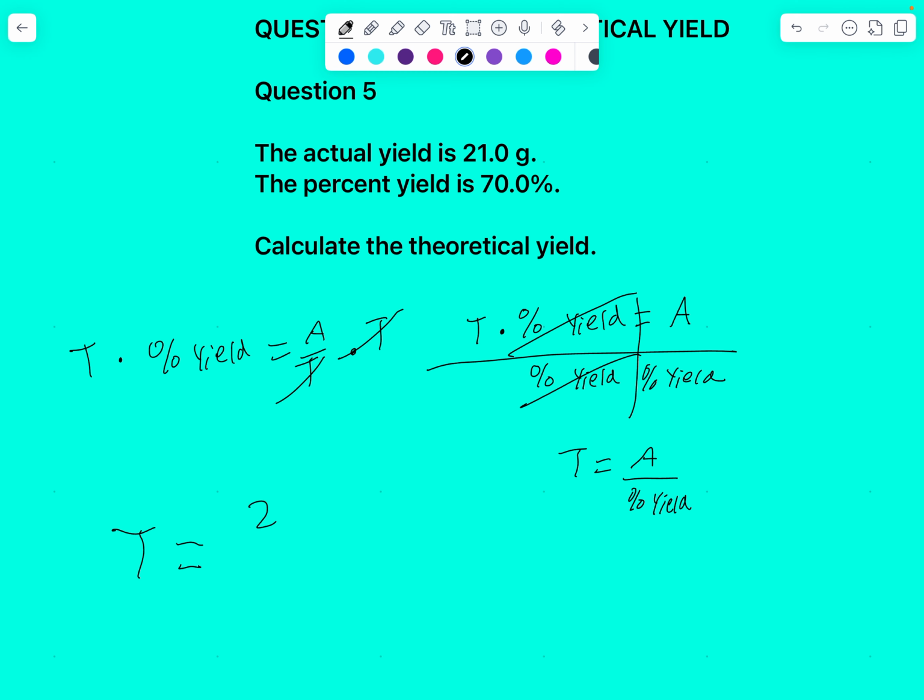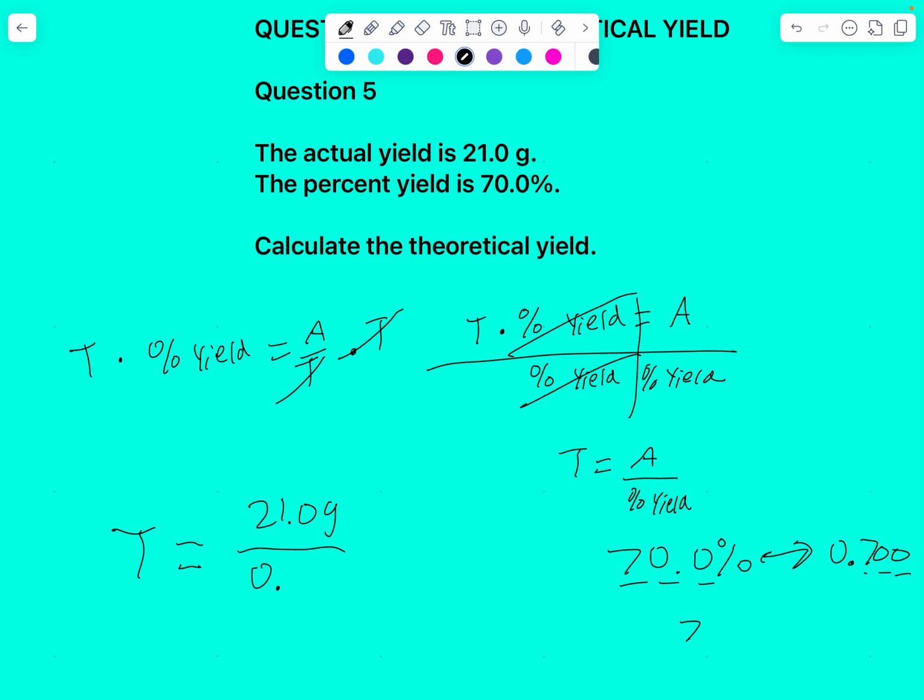All right? So I'm going to calculate the theoretical yield. The A is 21.0 grams. The percent yield. Remember, we got to turn the percentage into a decimal. So if you do 70.0 divided by 100, you will get 0.700. And I made it 3 sig figs after the decimal point.